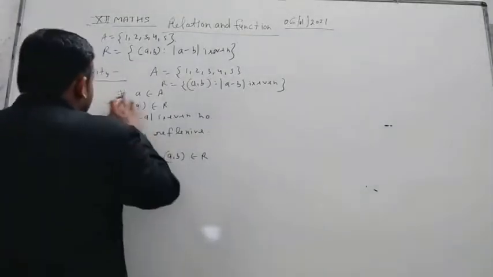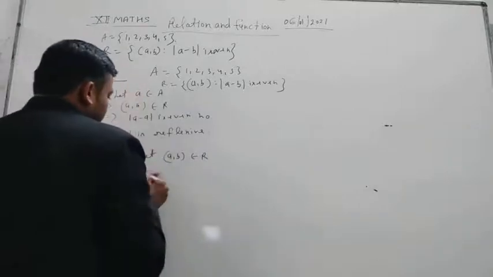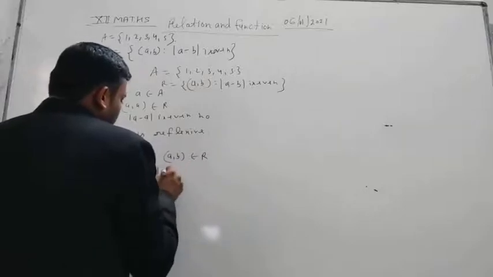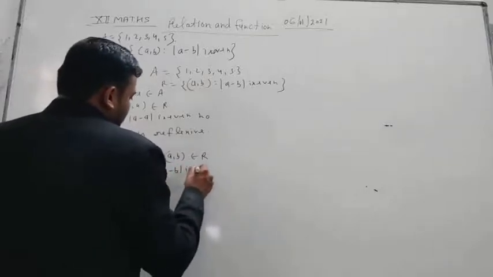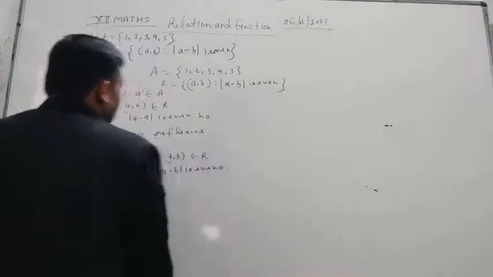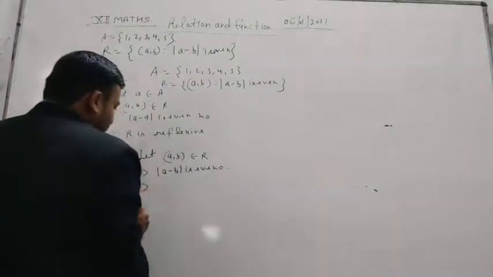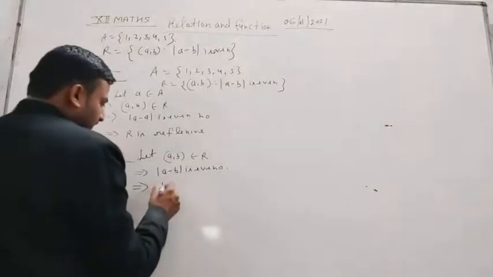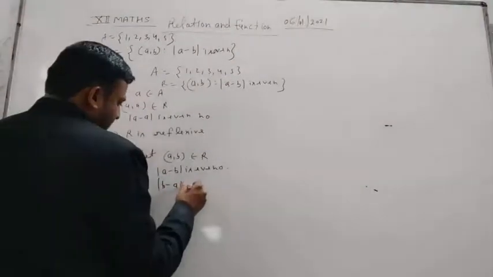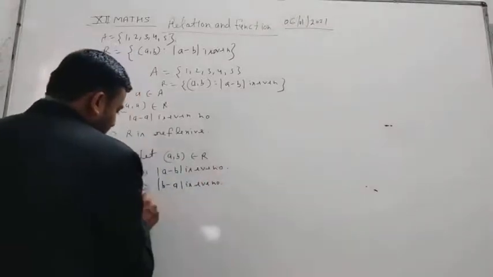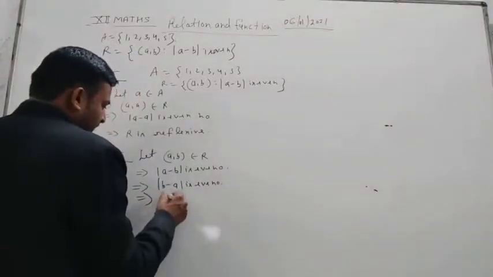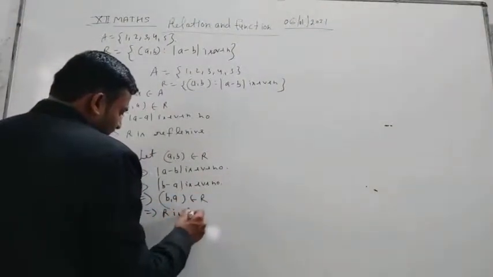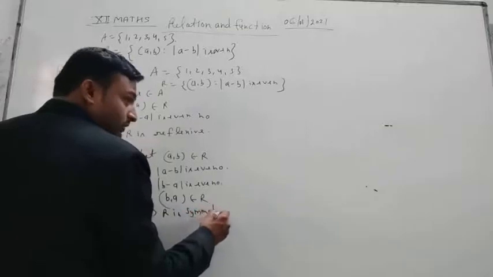This implies, since this is a - b, we can also write b - a is an even number. This implies (b, a) belongs to R, so we can say that R is symmetric.